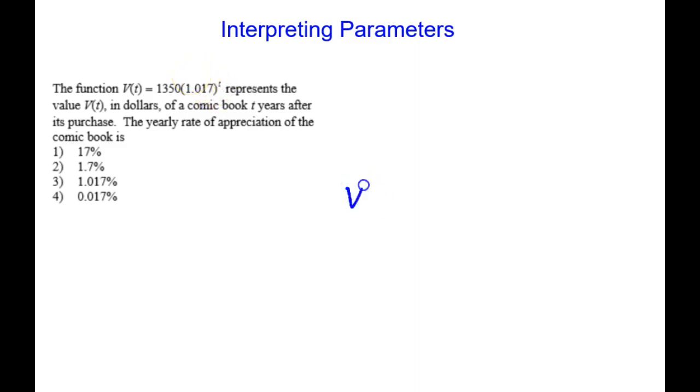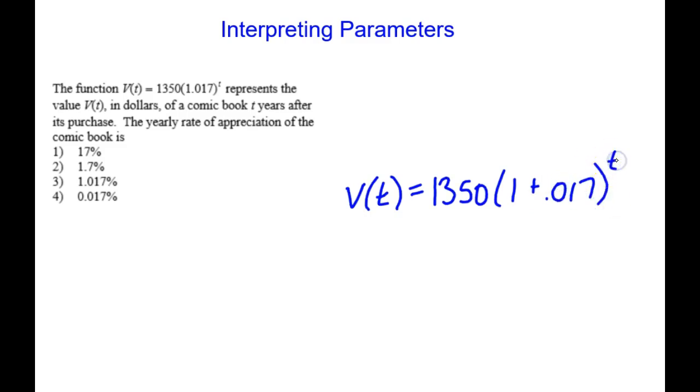One thing we can do to determine that rate is rewrite this function as v of t equals $1,350 times 1 plus 0.017 raised to the t. So what might help is separating this value into 1 plus. Now, if we want to convert this back to a percent, we move our decimal 2 places to the right. So the correct answer would be 1.7%.